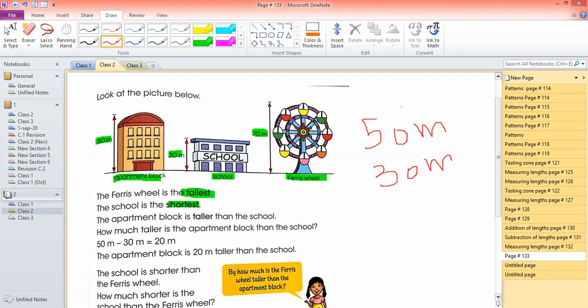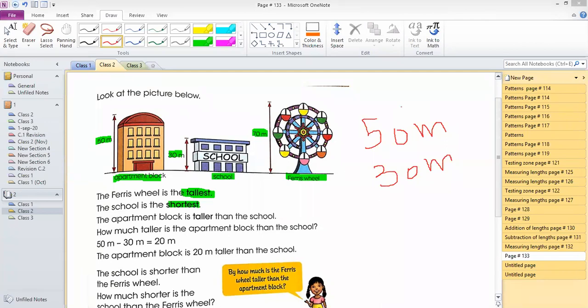Miraj, very good. But it is meters. Saud, very good. Umar Shahir, very good. Yes, guys, answer. How much taller is the apartment block than the school? Adam Khalid, very good. Sharif Ahmad, very good. No, Ayan. Umar Hassan, very good.